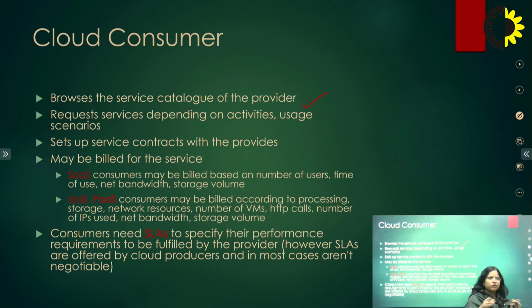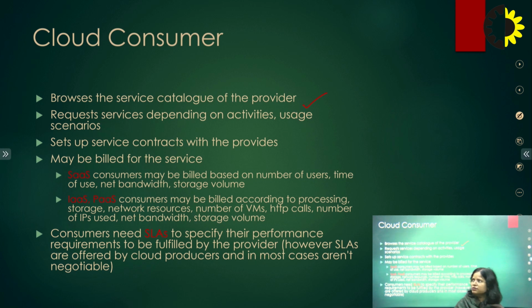This contract serves as a document that describes the promises made by the provider to the consumer about the particular service, and the expectations are mentioned by the cloud consumers. So we set up the service contract with the providers.